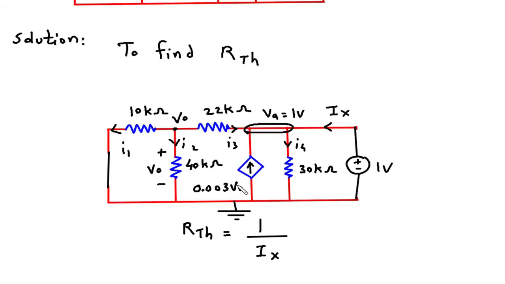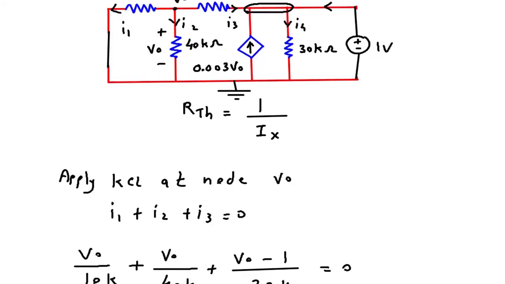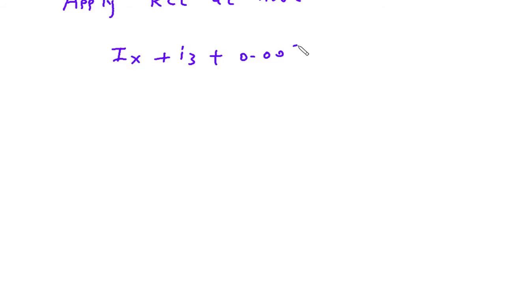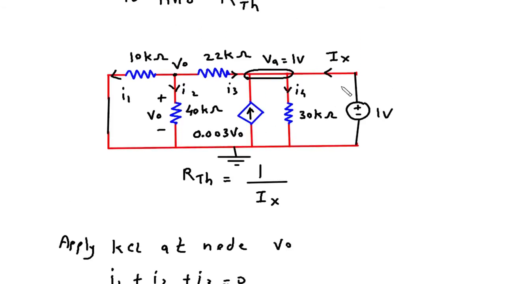Also this 0.003 VO is entering at this node, so this will be I3 plus Ix plus 0.003 VO is equal to I4.